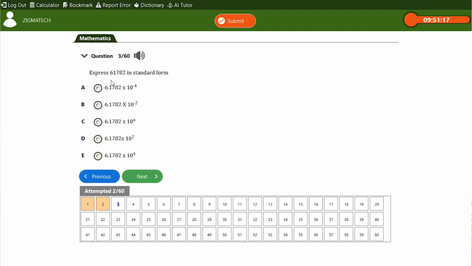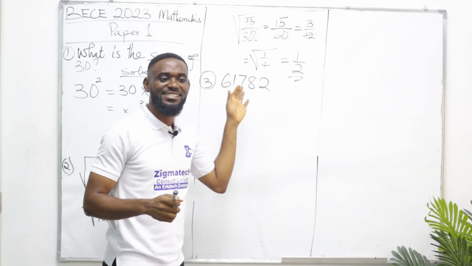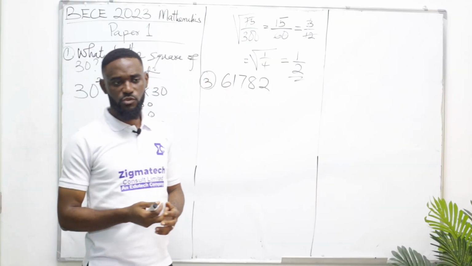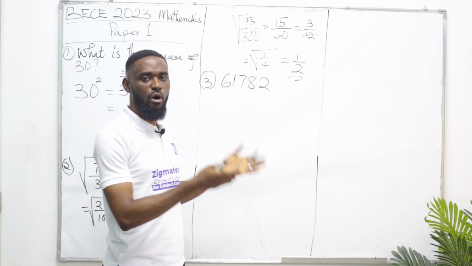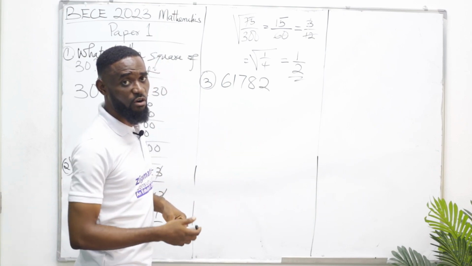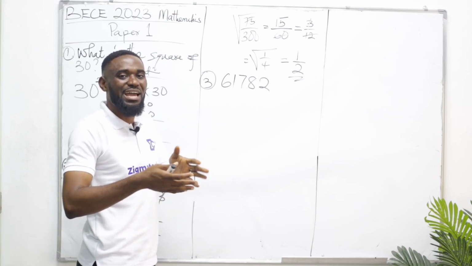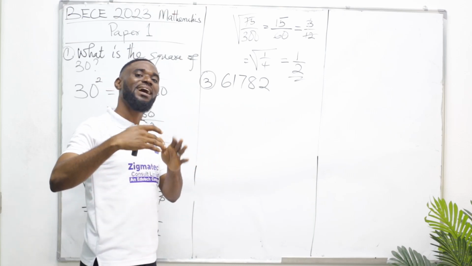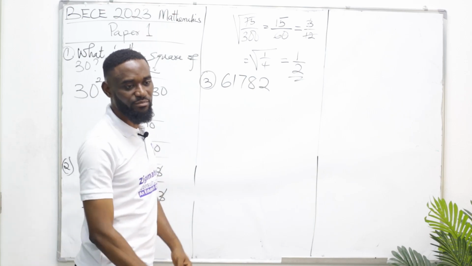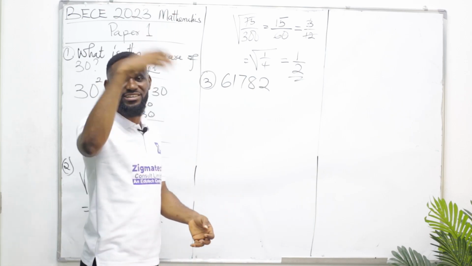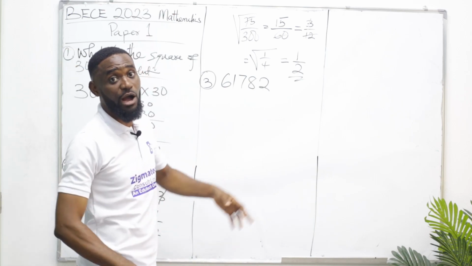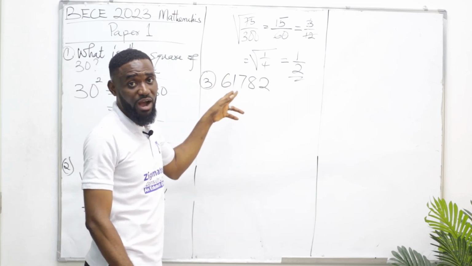They said we should express this in standard form. Okay? All right. So what we simply do, standard form, of course, there will be an introduction of this number such that it is multiplied by 10 raised to the power of any number according to the number of decimal places.